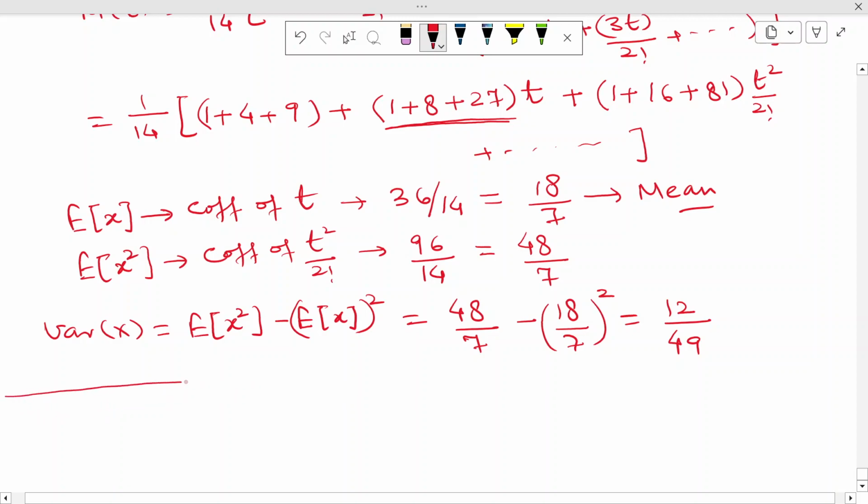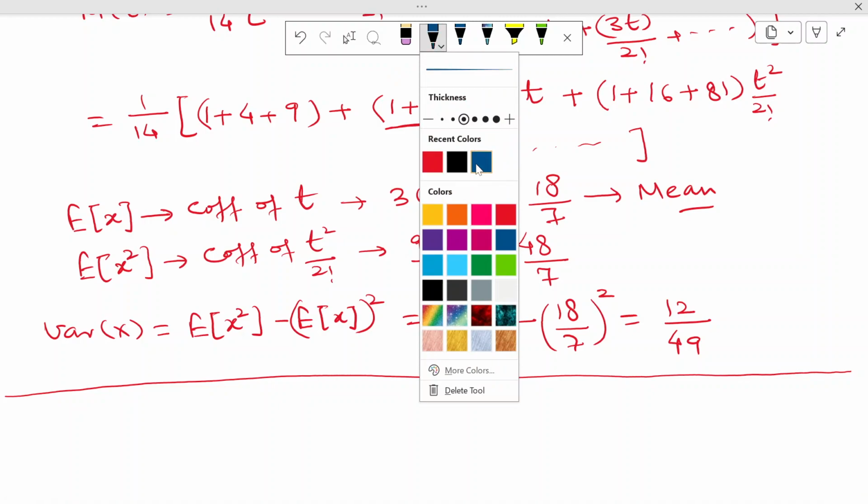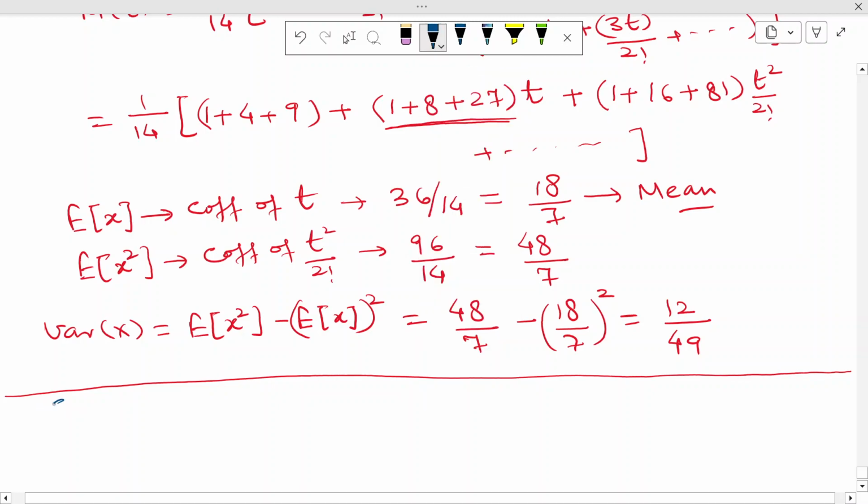Okay. Now let us continue with this problem, and we will find out the moments using the second method. Here we are using the second method, and the second method means we will differentiate our moment generating function.